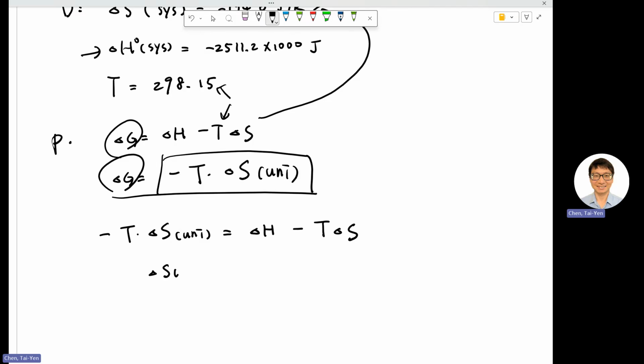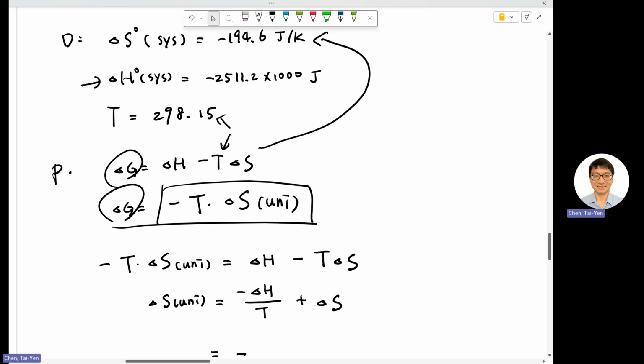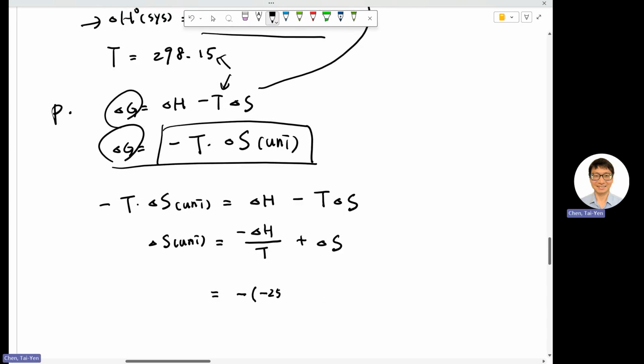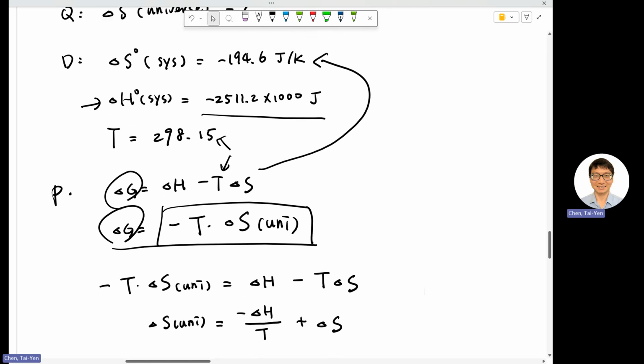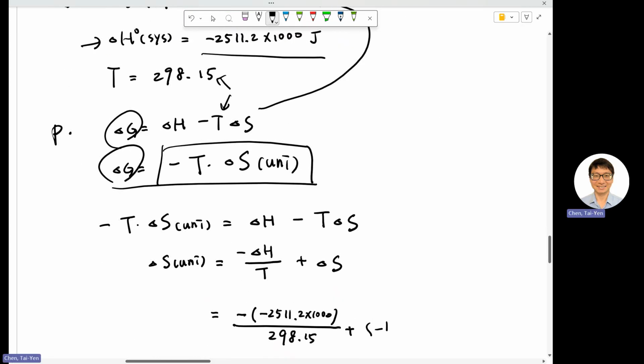So I know my delta S universe is going to equal negative delta H over T plus your delta S. So negative delta H is negative 2511.2 times 1,000, divided by your temperature, 298.15, plus your delta S system, negative 194.6.